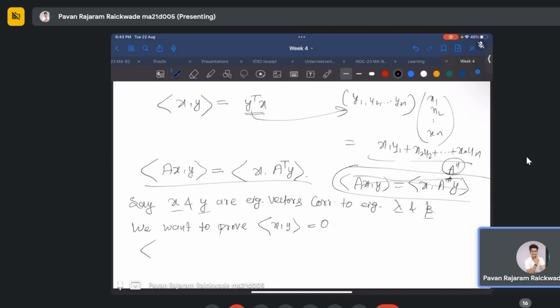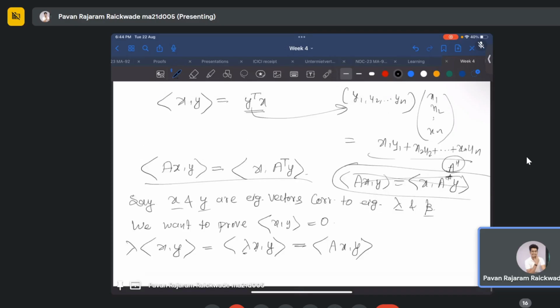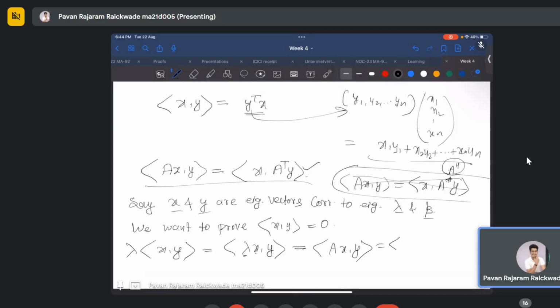Let's see what is inner product of x with y. Okay, let's say I'll multiply first with lambda. Lambda times inner product of x with y. I can take lambda inside. This is inner product of, sorry, lambda x with y. But you know that x is an eigenvector corresponding to eigenvalue lambda. That means this is same as Ax. Now, because of the property of transpose, I get this as same as inner product of Ax with A transpose y.